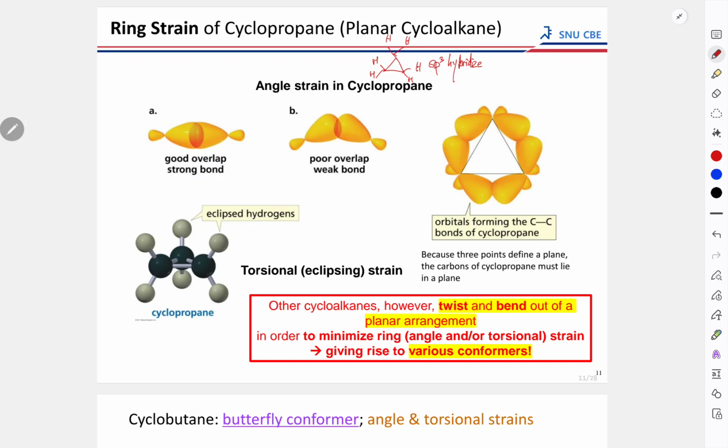And because 3 points define a plane, the carbons of cyclopropane must also lie in a plane. And this is the side view of cyclopropane. And then you can imagine there is an eclipsing interaction between this CH and this CH bond. There must be a torsional strain involved.